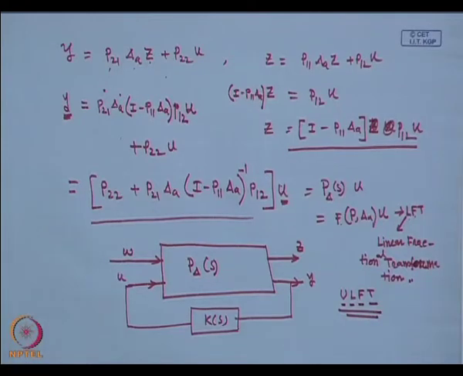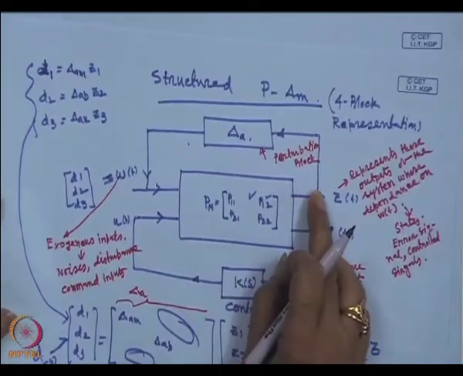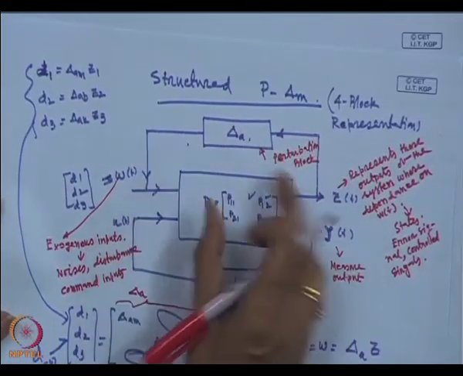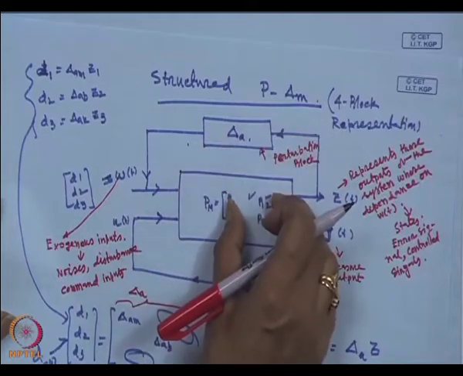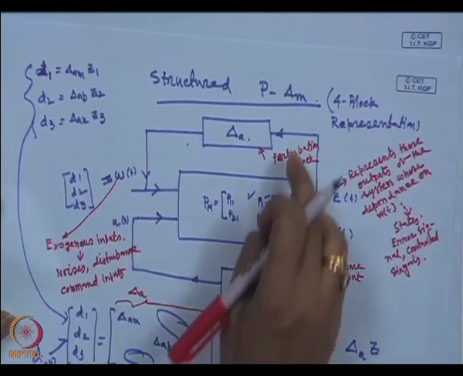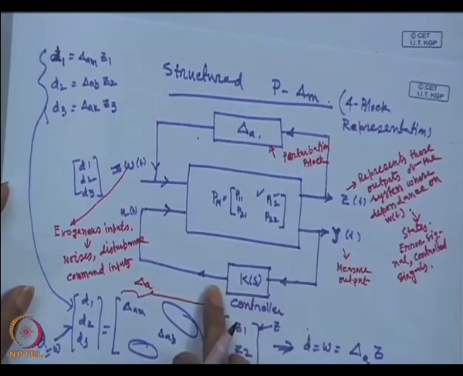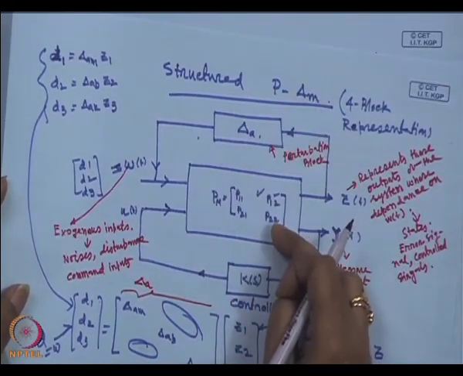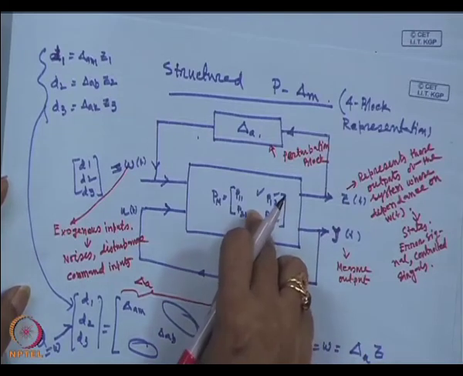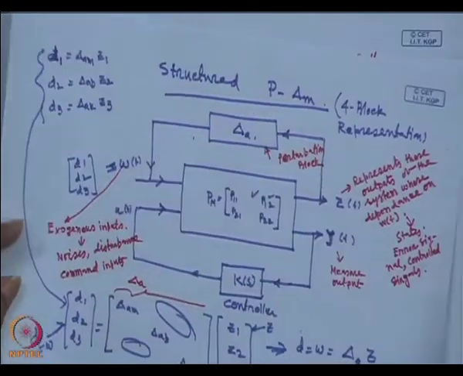Okay. Similarly, one can do this. Now you see the outer loop of the P block is merged to the P block. One can also do it with the outer lower loop, which can be merged to the P block, and that will look like this.